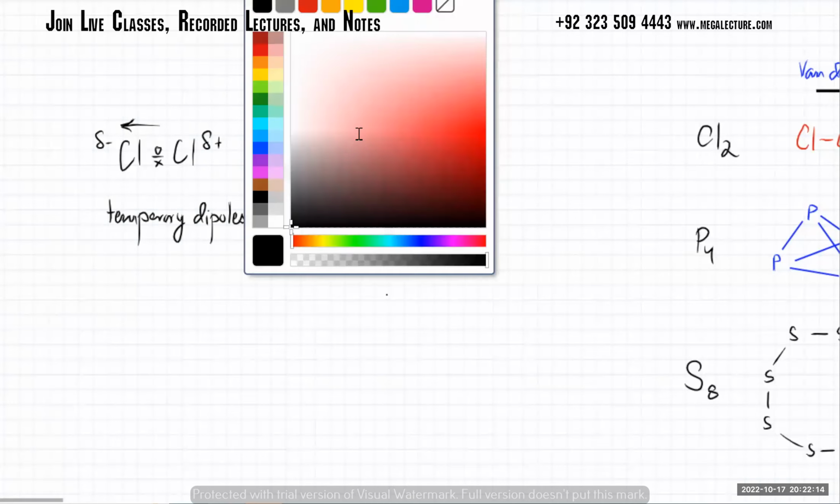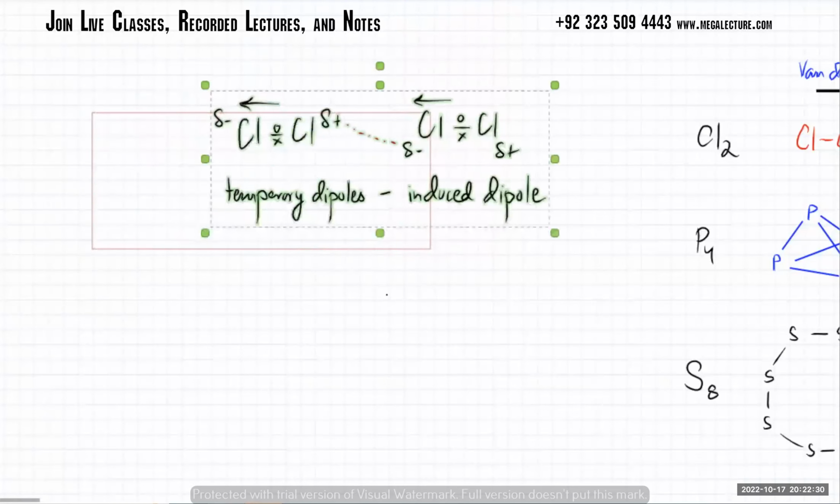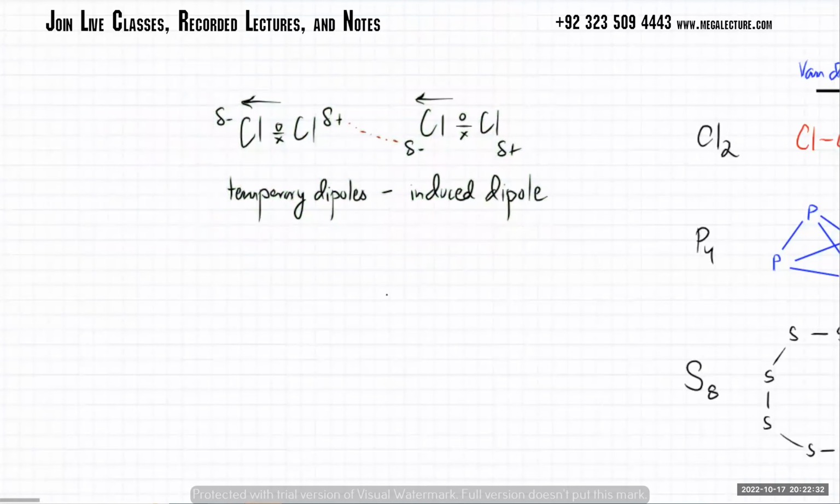Now, at this point, the molecule has a positive side and a negative side, and they're going to attract each other. The negative side will attract the positive side. So there's going to be an intermolecular force, and that intermolecular force specifically is known as van der Waals forces. So van der Waals forces exist because there's fluctuation happening in the molecule.